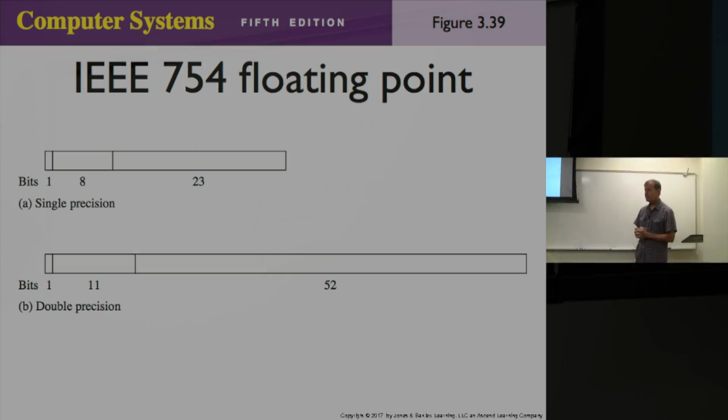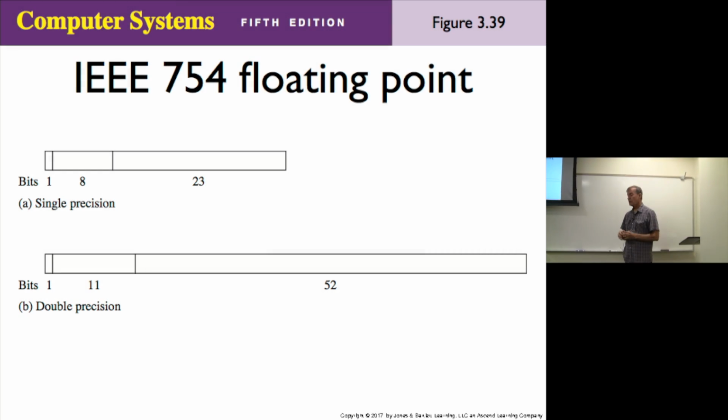Okay? Now, figure 3.39 shows IEEE 754 floating point. IEEE is the Institute of Electrical and Electronics Engineers. It's a professional society that, among many other things, promotes standardization in the electrical engineering community. And 754 is the number of the standard. This standard was very controversial in the early days.